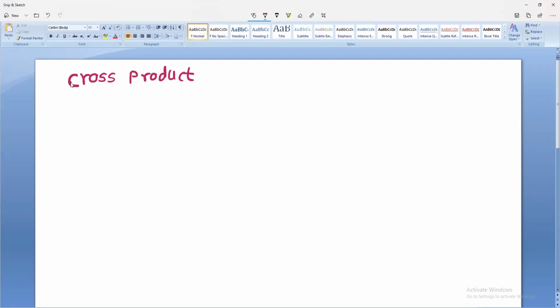So cross product of any two vectors A bar and B bar is given by A bar cross B bar is equal to mod of A bar mod of B bar into sin theta into unit vector, normal unit vector is A bar n. Okay.